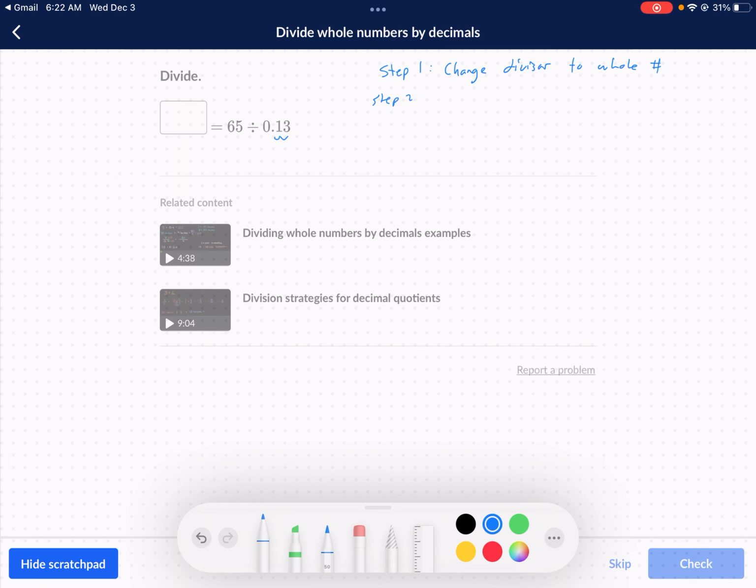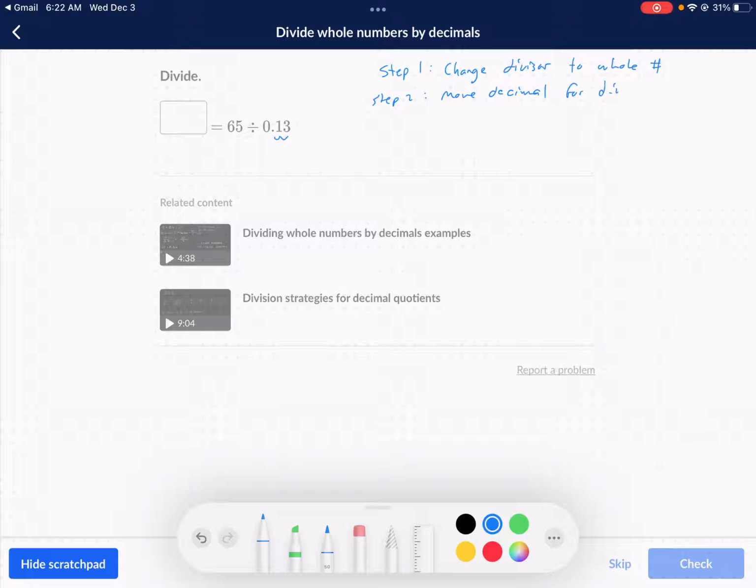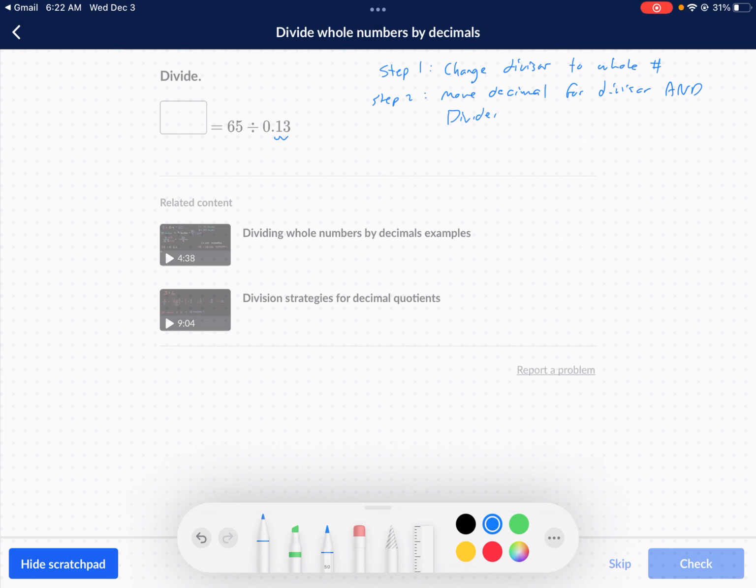Step 2, move decimal for divisor and dividend. Okay, so that's a very important step. So I have to move it twice for both. This becomes 6500, so then that's step 3 is fill in zeros if necessary, which I needed it for this problem.